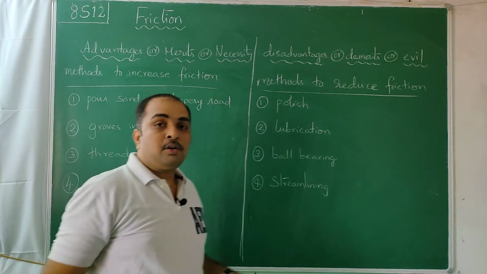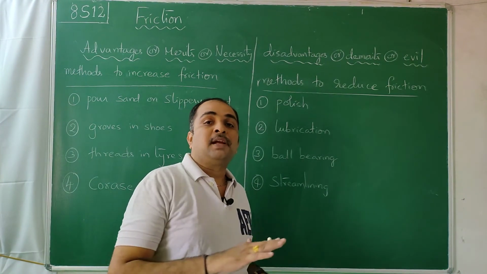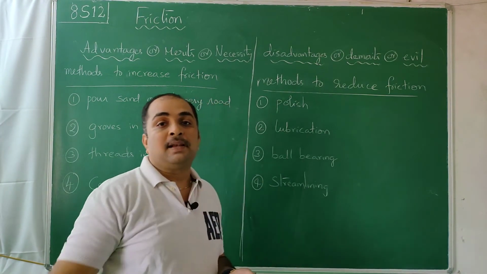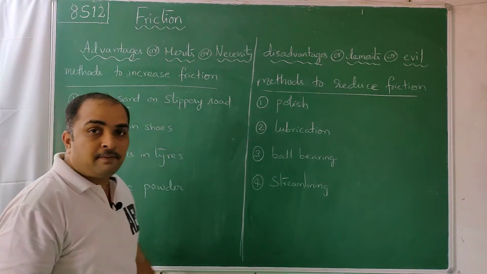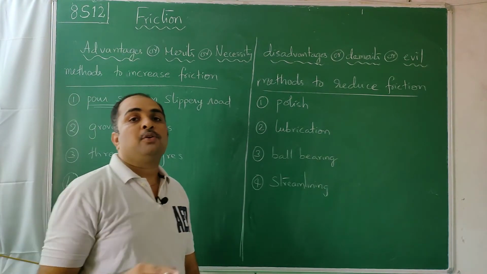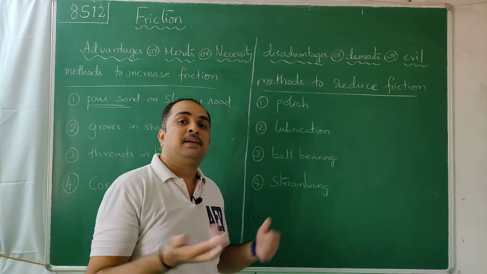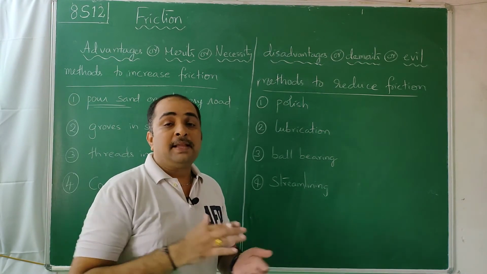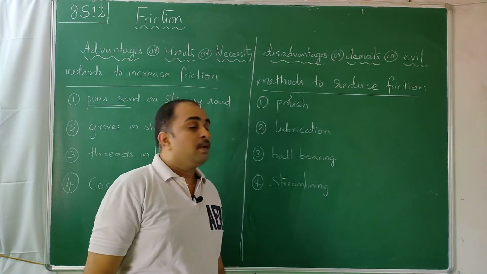Particularly in the rainy season, whenever there are turns, there is a good chance that vehicles will skid and slip. That's why they pour sand on slippery roads. GHMC people, the Greater Hyderabad Municipal Corporation, come, pour the sand and go away. Why? They increase the roughness so that you don't skid, particularly in rainy seasons.